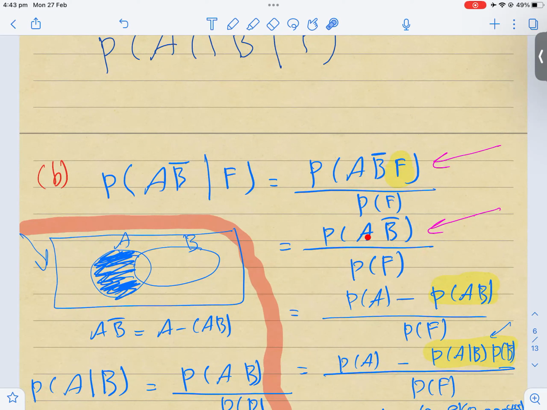But I kept probability of F for the denominator. F is the A union with B. Any idea about this?